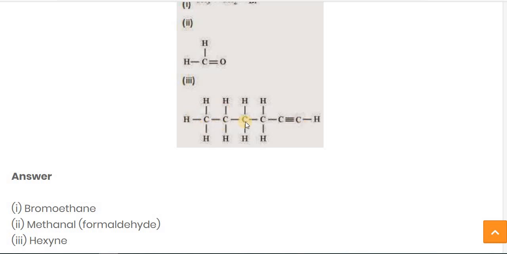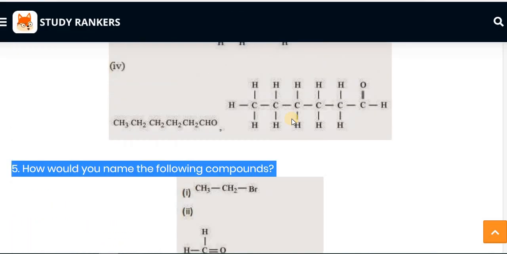So 6 carbon atoms are there, and due to the triple bond the yne suffix is used. So the name becomes hexyne.